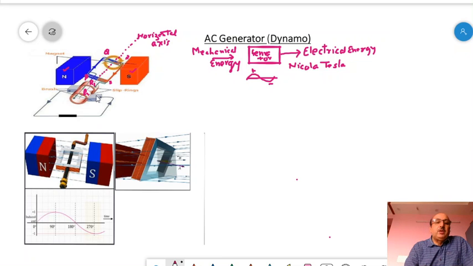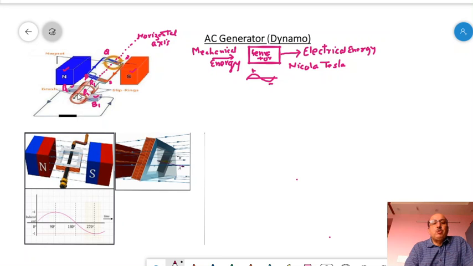The fourth part of the generator is the brush. Here are two carbon brushes, B1 and B2. They can slide on the metallic cylinders, that is the slip rings.